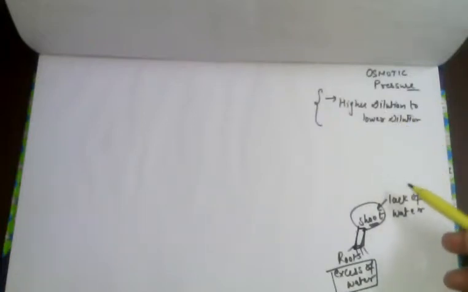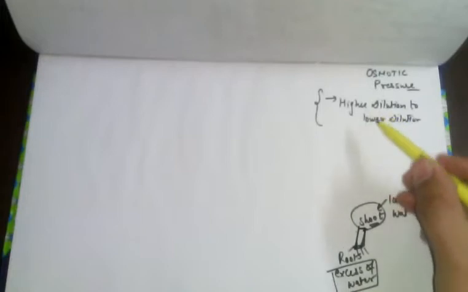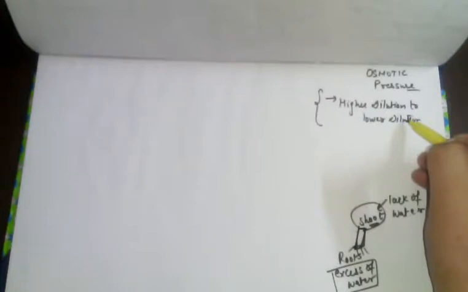How plants carry their water from root to shoot, I will explain. That comes under the topic of osmotic pressure. That's a part of our chapter, how it works. So let me discuss 2 points. The first point I have already discussed, that the osmotic pressure always flows from higher dilution to lower dilution.